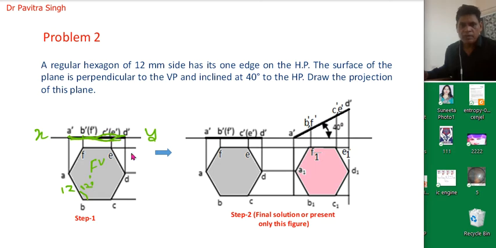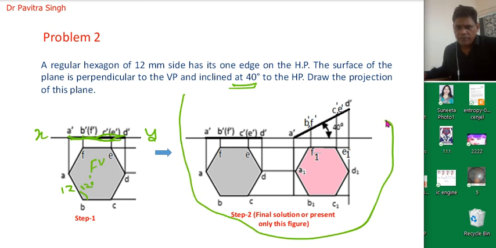So this is the front view and this is the top view. Now we will follow the second condition. It is given that this plane is inclined 40 degrees with the horizontal plane. That's why we will rotate this front view A dash to D dash at an angle of 40 degrees, as you can see in this figure. The shape is the same, so the final answer is this one.